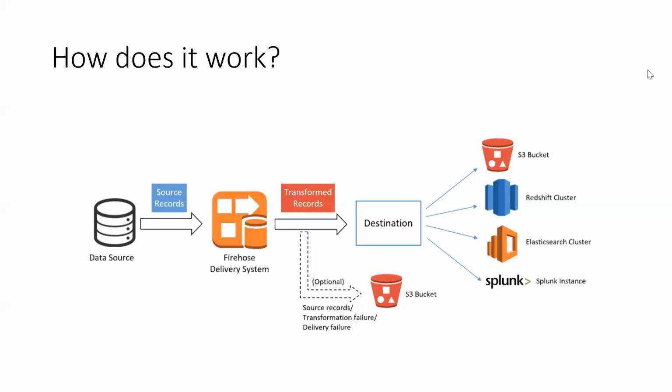Correct. So I think what Prasad was mentioning, when we are talking about large data, is a near real-time thing. Maybe we have a data source which is producing a large amount of data. Then I can go for the Firehose delivery system to connect it and do analytics on it.